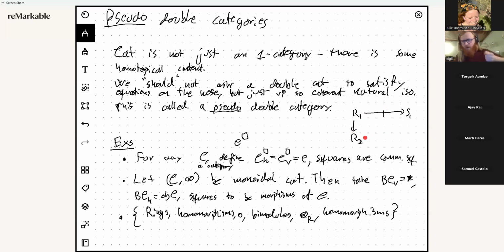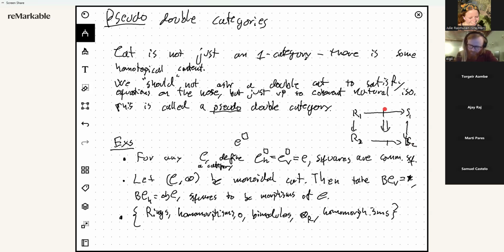The ring homomorphisms, to compose them, you just compose them as functions. To compose the bimodules, you tensor them along the boundary that you're composing on. So you have an R1-S1 bimodule and an S1-T1 bimodule, you tensor over S1 to get an R1-T1 bimodule. That's the composition. And the two cells are homomorphisms.